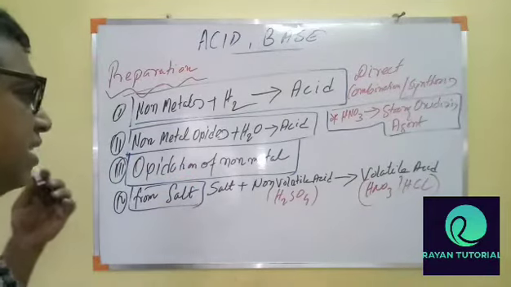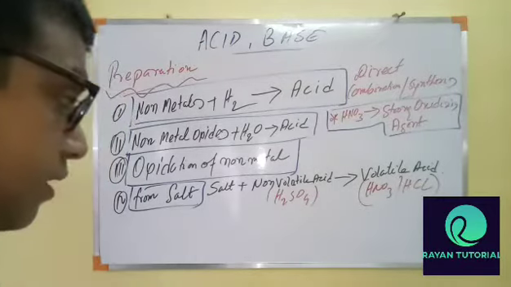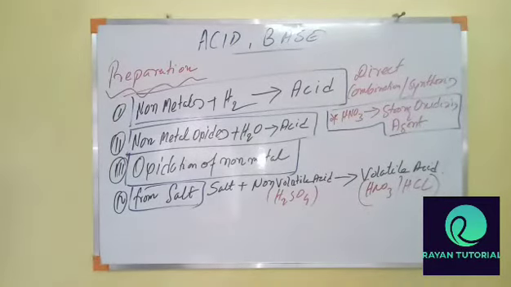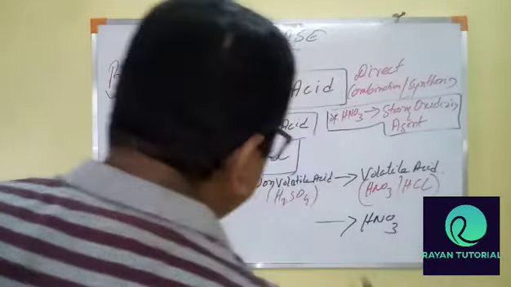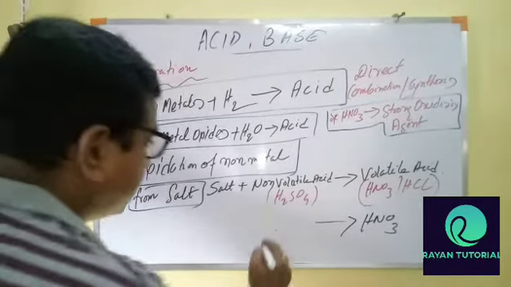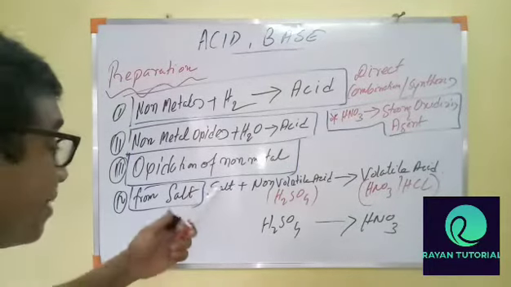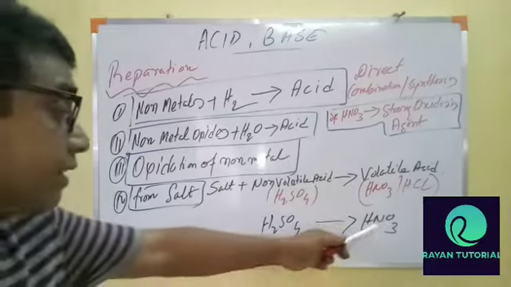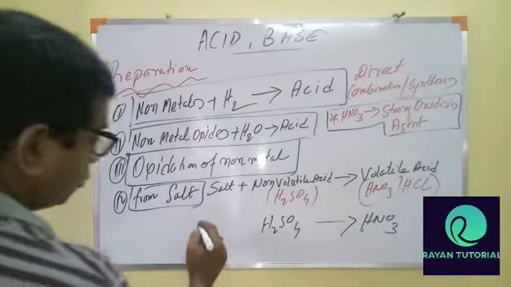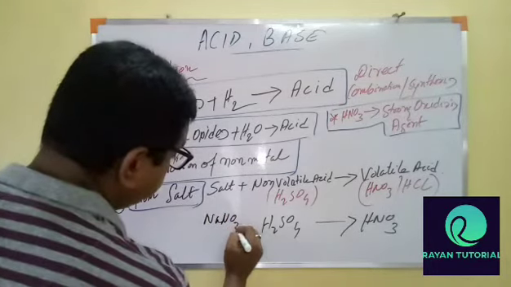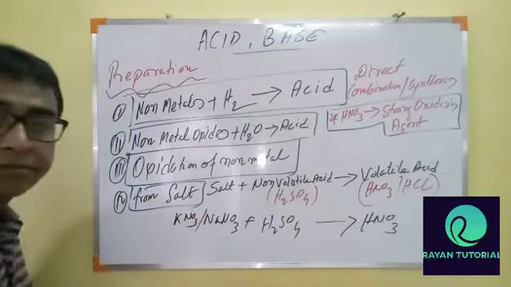So just react anything. Suppose you want to get nitric acid. You have to take a non-volatile acid, so take H2SO4. Now you have to bring a salt. Here it is nitrate, so you need some nitrate salt. Just put sodium nitrate, or you can also put potassium nitrate.